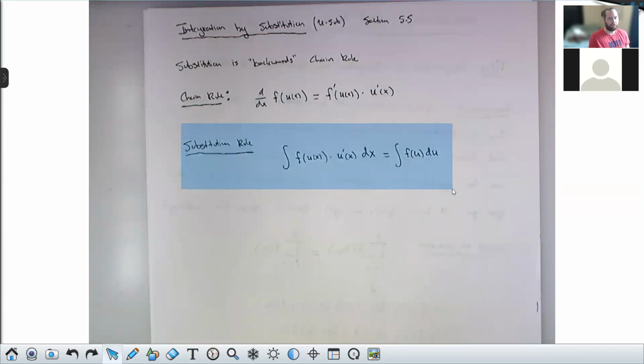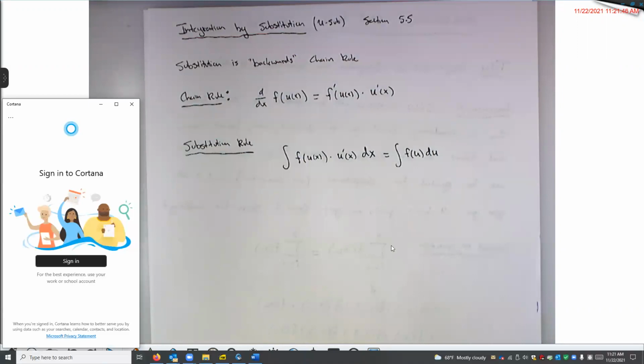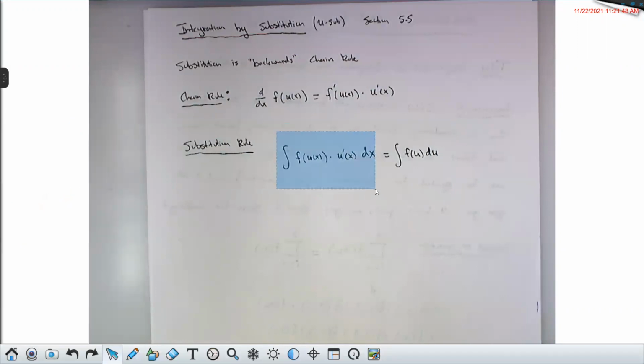Before I can dive into using this, I want to show you a little bit of the stuff that we're going to need to recall from previous sections, namely differentials. So the game here is going to be, I give you something that looks like this, and you're going to make a little substitution to turn it into something that looks like this.